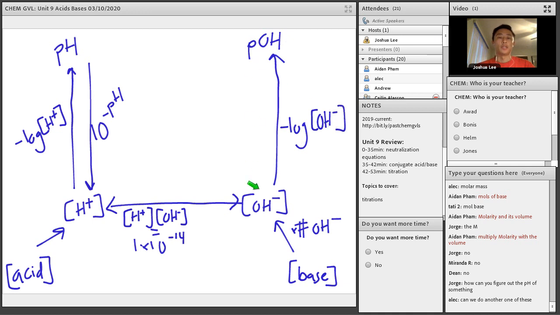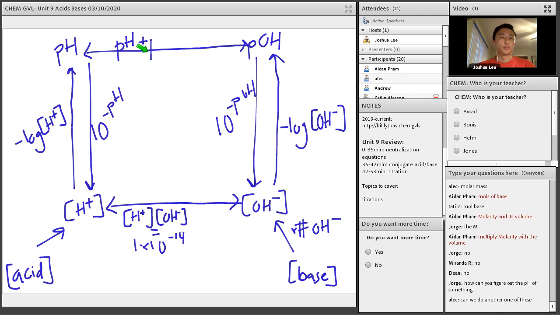And to go from pOH to OH minus, it's 10 to the negative pOH. Then the easy relationship between pH and pOH is pH plus pOH equals 14. So this is a pretty handy little tool you can use when doing any pH problems. I could start you off with a base, and from that base you should be able to find pH, pOH, and H plus, all of them.